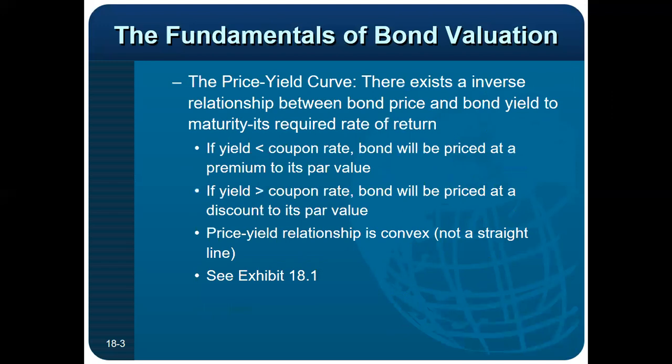For the price yield curve, there exists an inverse relationship between bond price and bond yield to maturity. If the yield is less than the coupon rate, the bond will be priced at a premium. If the yield is more than the coupon rate, the bond will be priced at a discount.